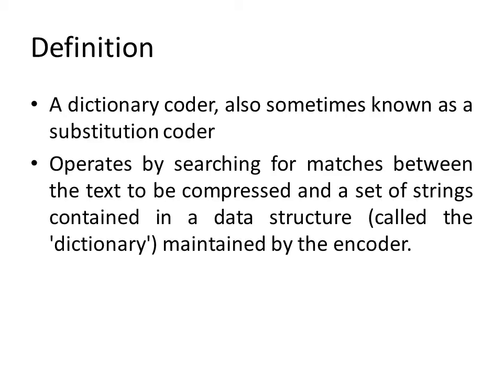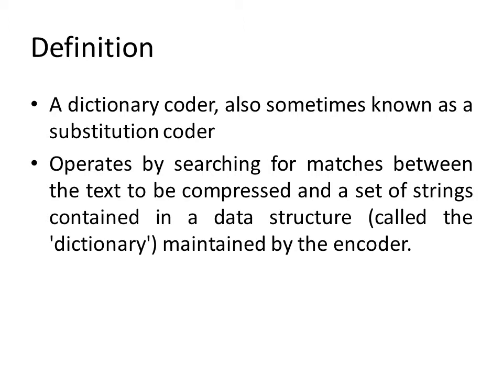So let's look at the definition of dictionary based coding. What do you mean by dictionary based compression? In dictionary based compression, it reads an input data and looks for a group of symbols that appear in a dictionary.